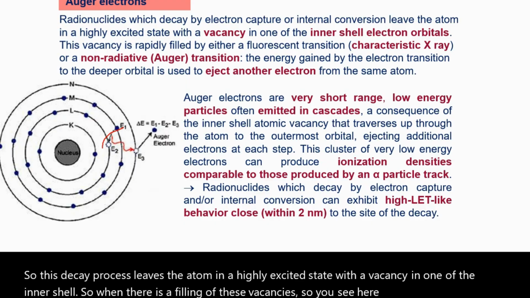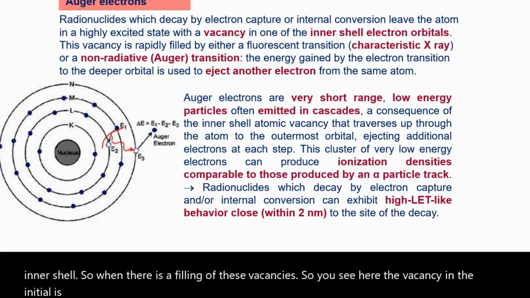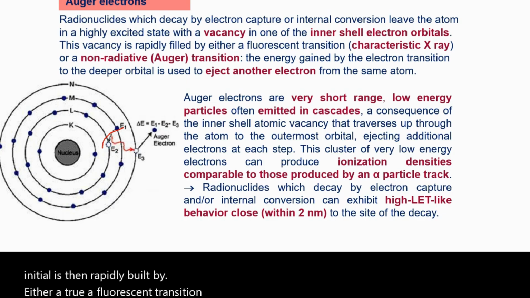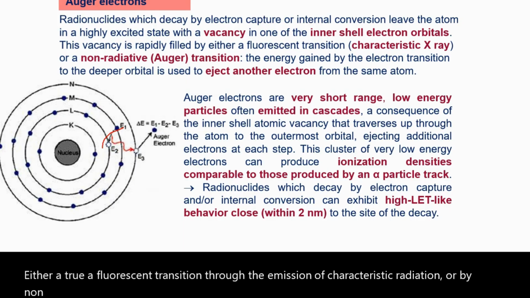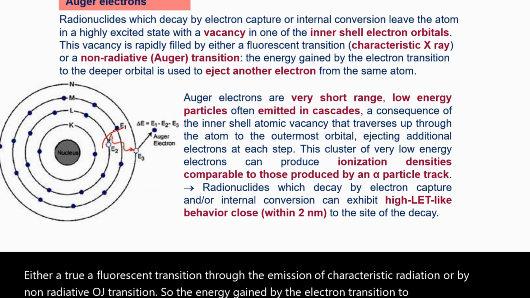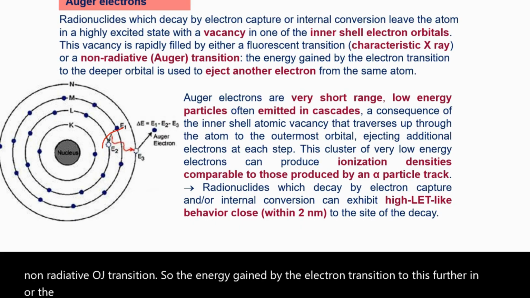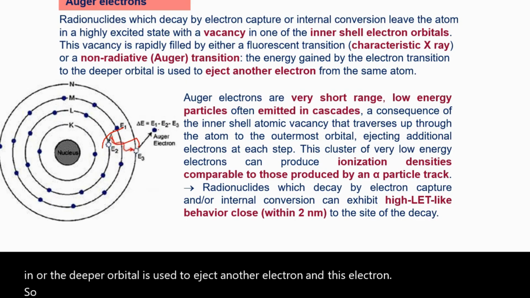The vacancy in the inner shell is then rapidly filled either through a fluorescent transition, through the emission of characteristic radiation, or by a non-radiative Auger transition. The energy gained by the electron transition to the deeper orbital is used to eject another electron, and this electron is termed an Auger electron.